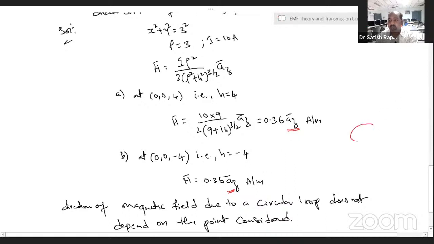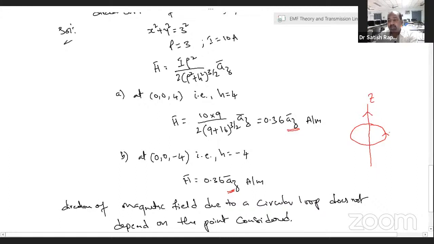So for example, this is the circular loop, right? And let us say this is the z-axis, and the current is flowing in this direction, anti-clockwise direction. When the current is flowing in anti-clockwise direction, the direction of magnetic field is this, right?